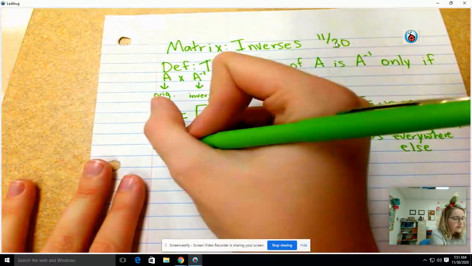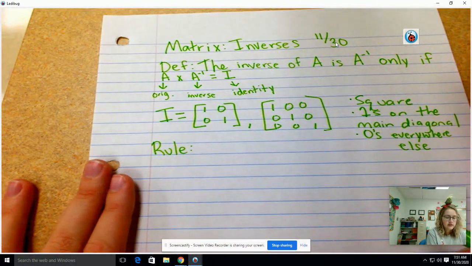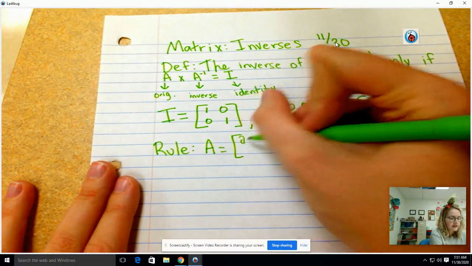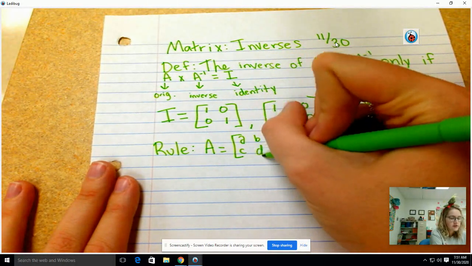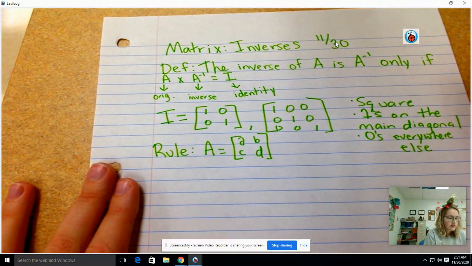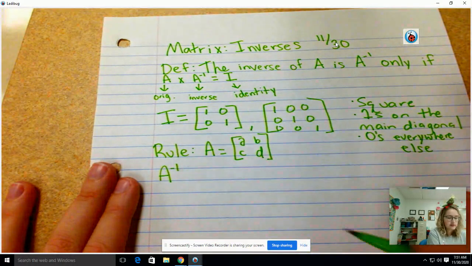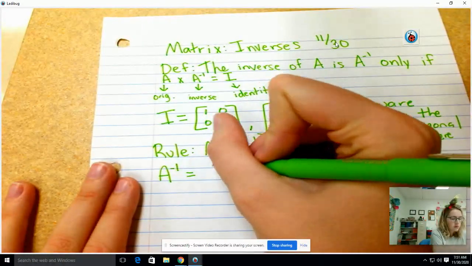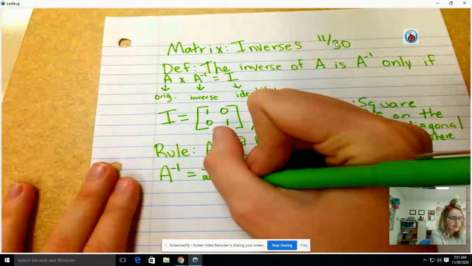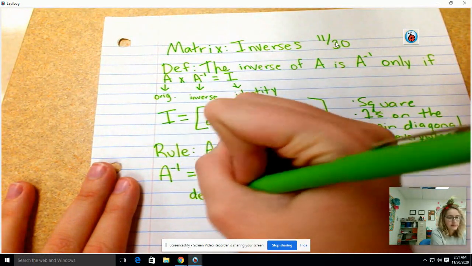So the rule for matrices and their inverses is, if we have matrix A, and matrix A is A, B, C, D, which should look familiar from when we did determinants last week, then A to the negative 1 is going to equal 1 over AD minus BC. If you remember, AD minus BC is our determinant. We did that last week.